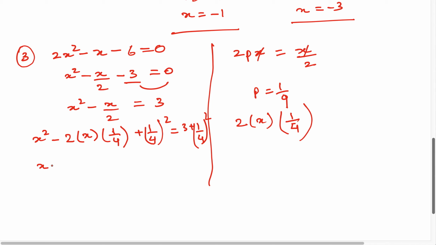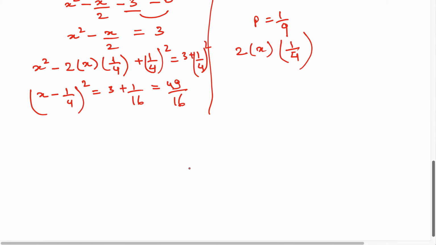What will this become? This will be x minus 1 by 4 whole square is equal to 3 plus 1 by 16, which is equal to 49 upon 16. Okay, 49 upon 16.